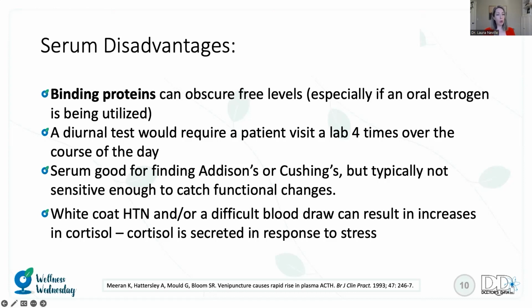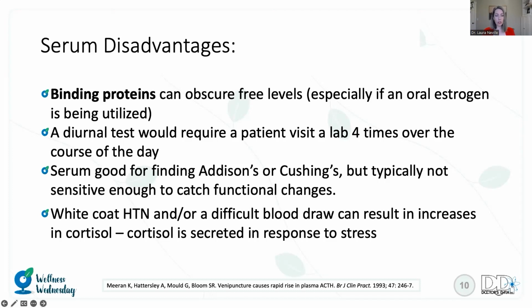Okay, when we're talking about cortisol, if we wanted a diurnal test to see what the pattern of cortisol is throughout our patient's day, the patient would have to go to the lab 4 times over the course of the day. Serum can be great for catching vastly out of range Addison's or Cushing's, but it's not typically sensitive enough to catch these functional changes that most of our patients are dealing with, HPA axis dysfunction.